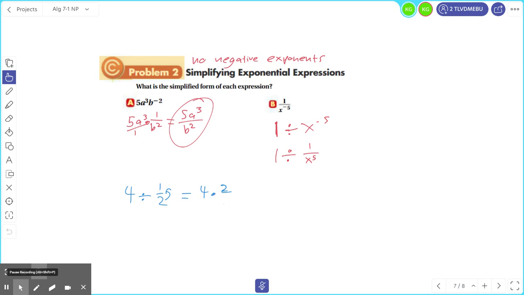So whenever you're dividing, you can always multiply by the reciprocal. In this case, multiplying by the reciprocal gives me 1 times x to the 5th. And 1 times anything is just itself, so that is just x to the 5th. And that is my simplified version. So when I took 1 over x to the negative 5 and simplified it, I got x to the 5th.